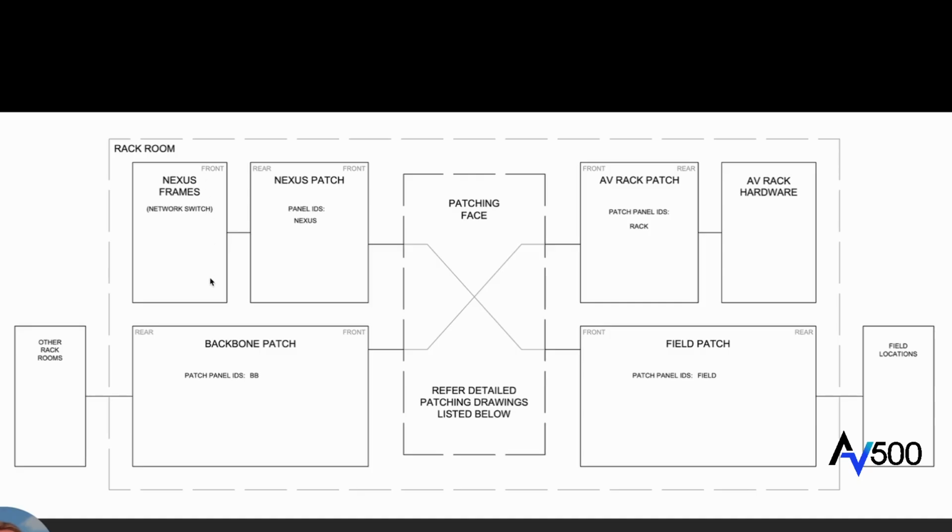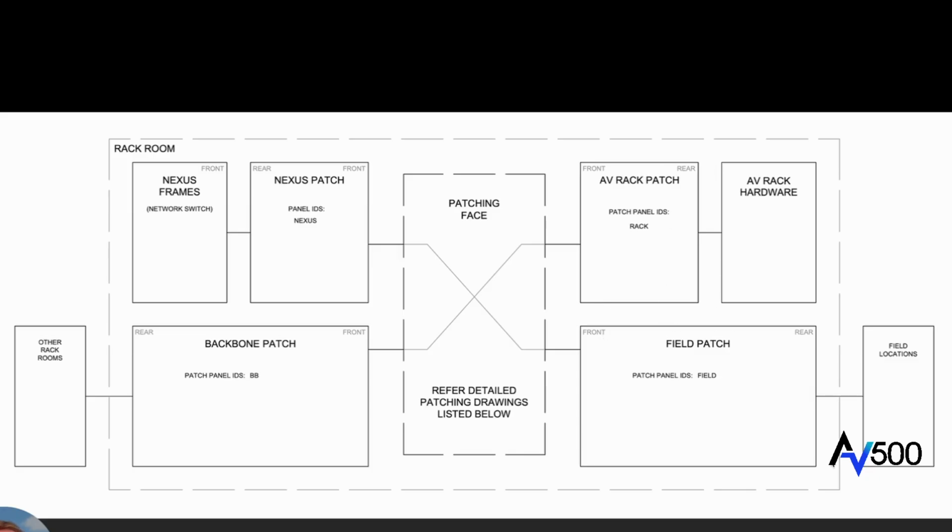All of the ports from the network switch are then replicated one-to-one onto a patch panel, a Nexus patch panel. Then we have the rack hardware, which is inside of the rack room, so all of the amplifiers, AV equipment, etc. The network ports from those devices are then replicated, attached to AV rack patch panels.